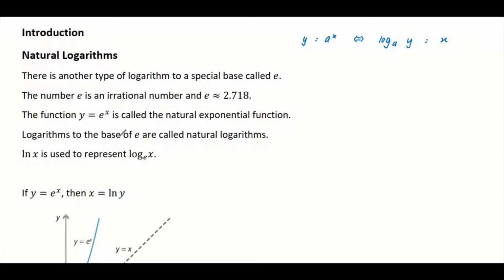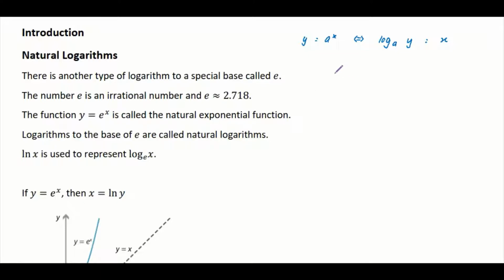Okay, so in today's session, we are going to talk about another special base which is called e. So what is e? e is an irrational number and the value of the number is 2.718 and so on. An irrational number is a number with infinite decimals.